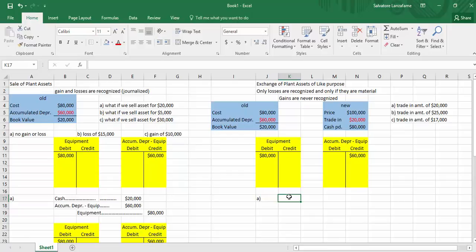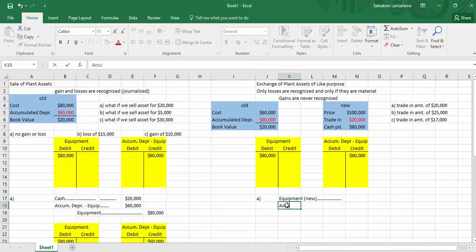So keep in mind that we're trading in our old stuff for new stuff. So we are going to debit equipment, and I'm going to write in parentheses the word new, just so we don't get confused. I have to get rid of my old stuff.